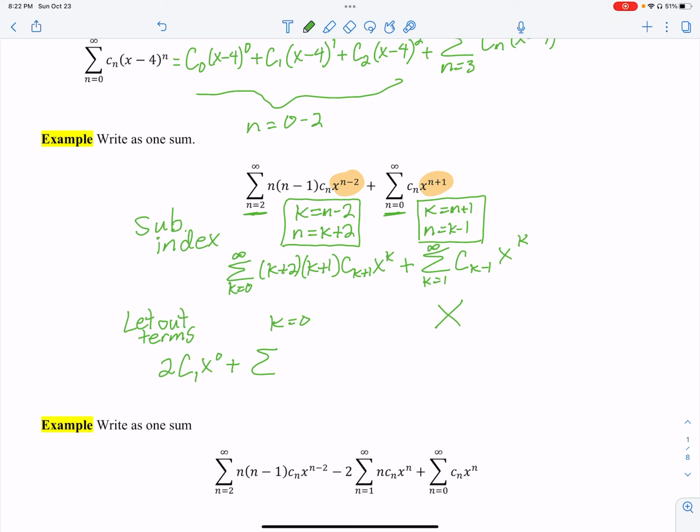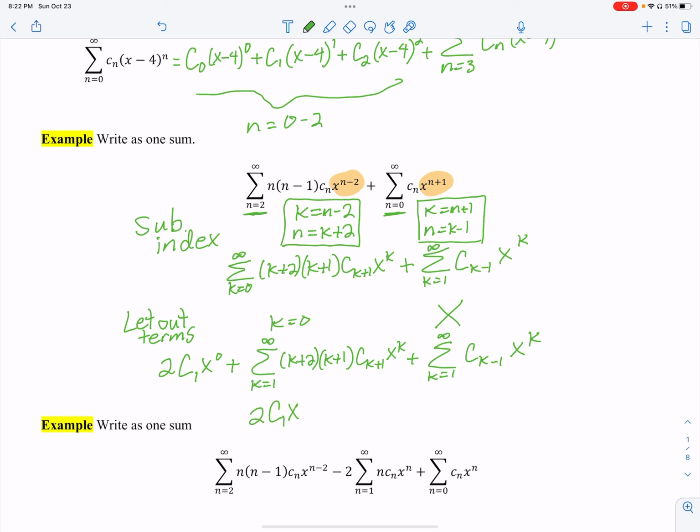Then we have the summation of k equals 1 to infinity. I let out 0. That's why that's gone. And then we got k plus 2, k plus 1, c, k plus 1. None of this changes. x to the k. Plus, now this is the same. k equals 1 to infinity of c, k minus 1, x to the k. We can now add these together. They have the same indices. And then also they have the x to the k, so I'm actually going to factor that out.